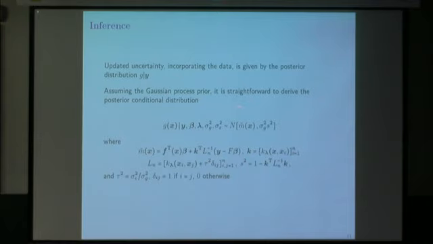So the mean is basically the prior mean weighted with the residuals and the distance between the points that we already have in our design and the points that we want to predict. Similarly, the variance S squared takes into account the variance reduction according to the distance between the points that we already have in our design and the points that we want to predict.